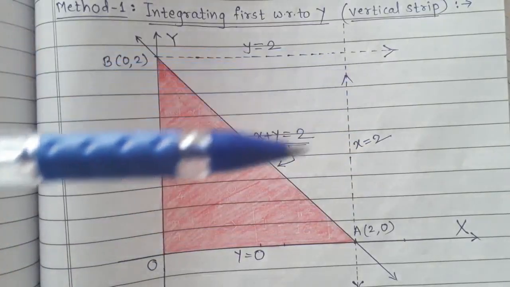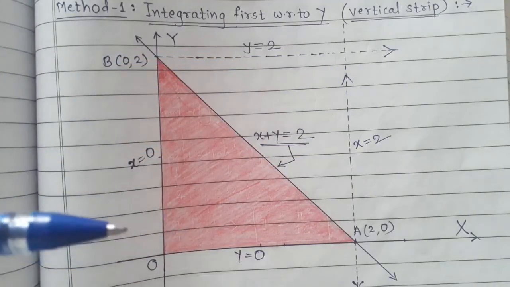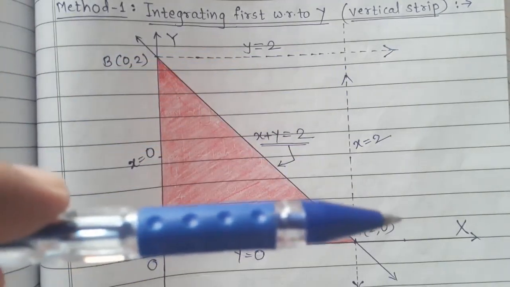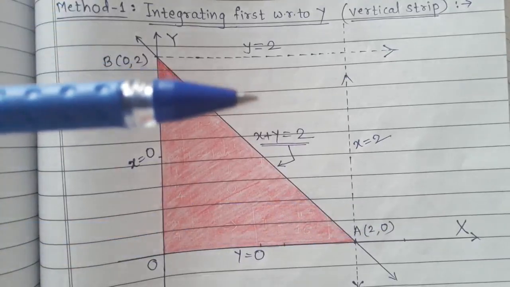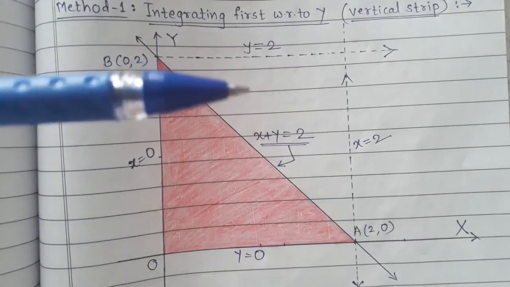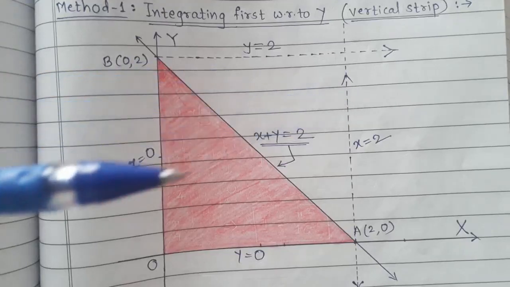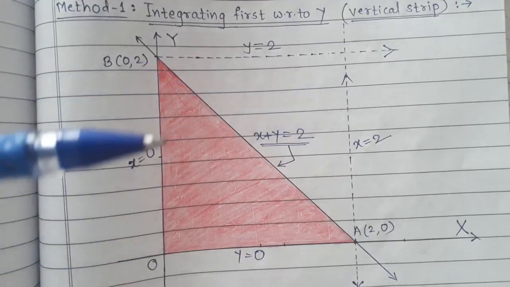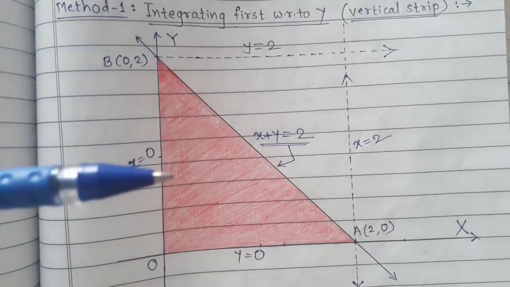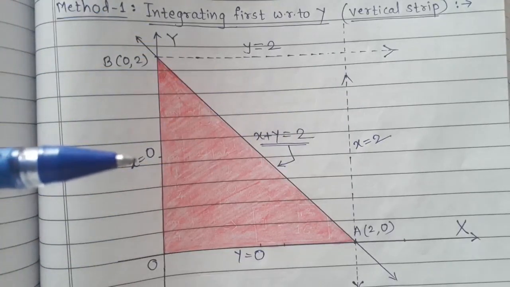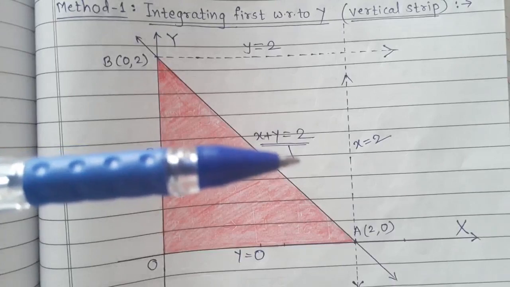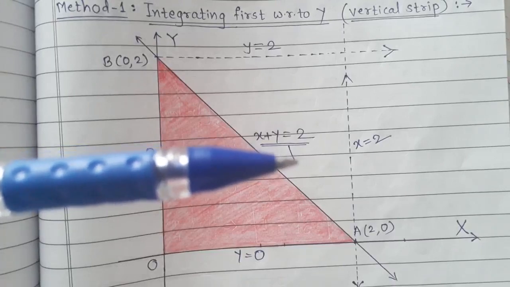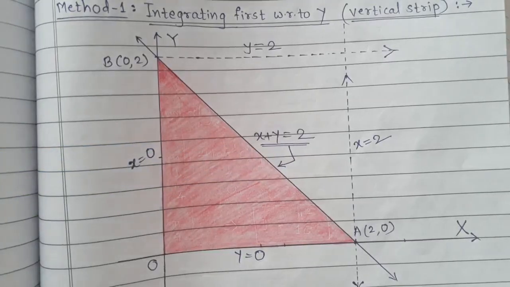That means the bullet should be fired between y equal to 0, that is the x-axis, and the line passing through y is equal to 2. So limits of y are y equal to 0 to y equal to 2, and for limits of x, we have to break the wall x equal to 0, and the wall x is equal to 2 minus y. So those are the limits of x.